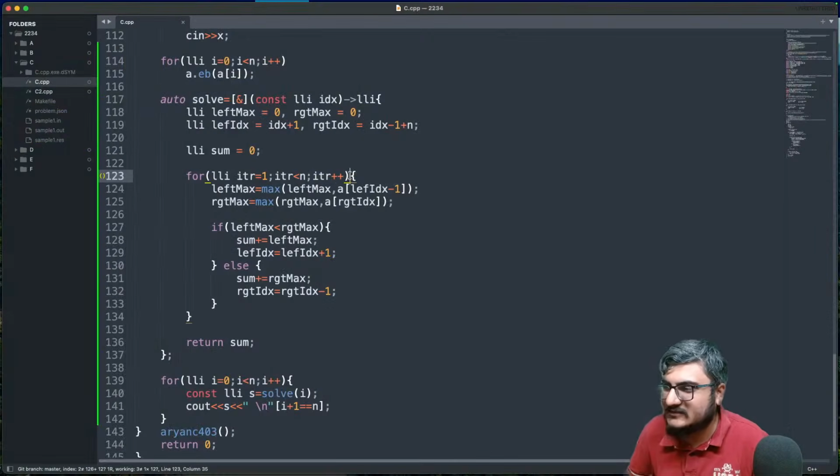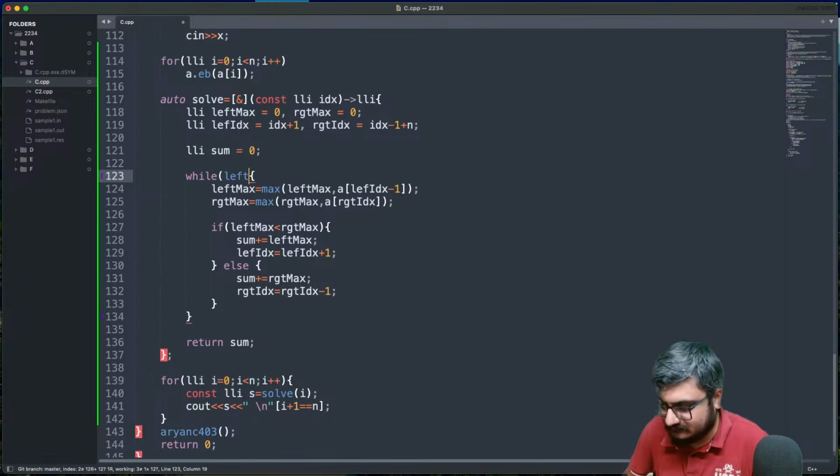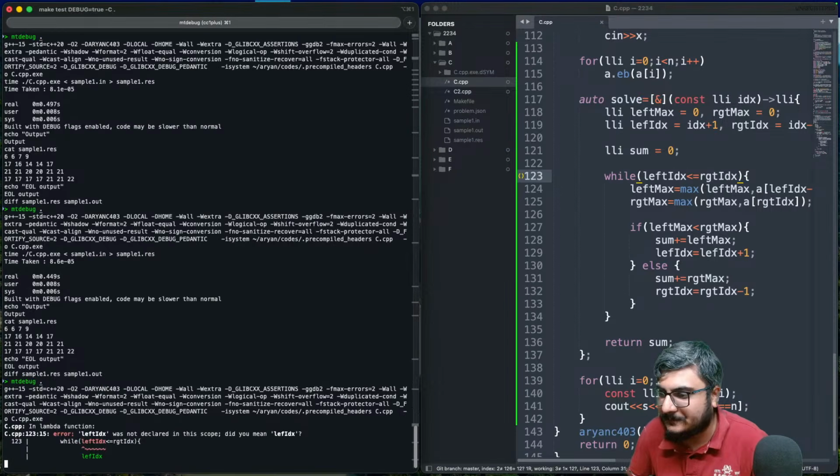And rather than doing this iteration for all the numbers, I can run it this way.